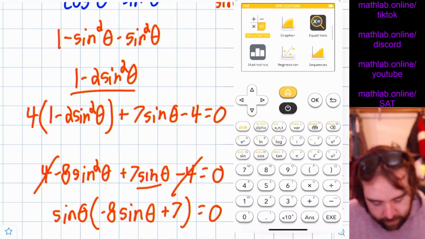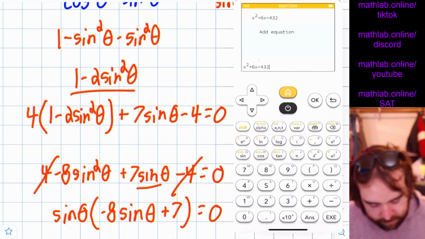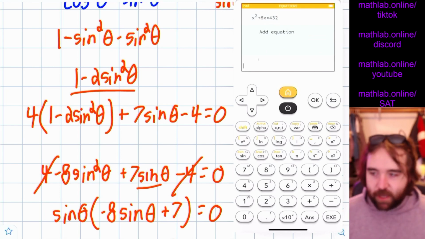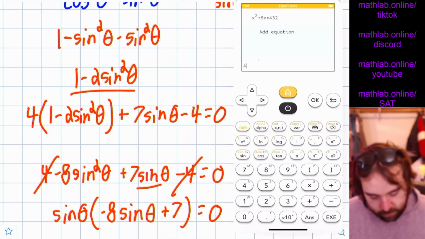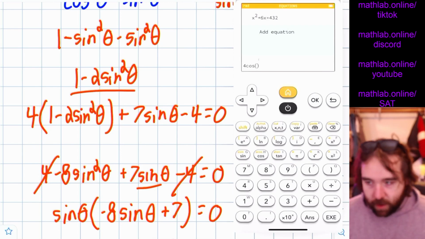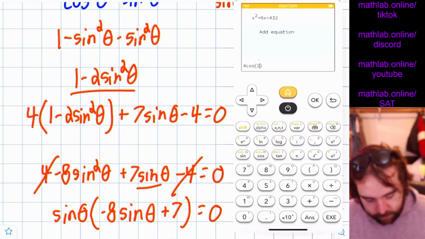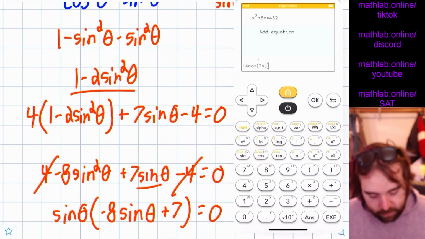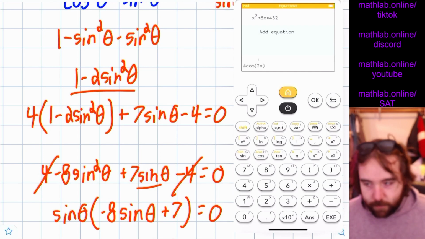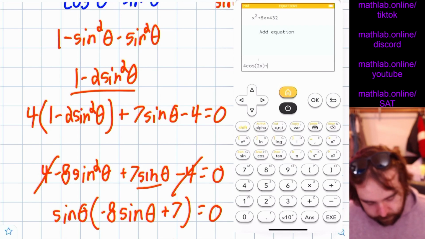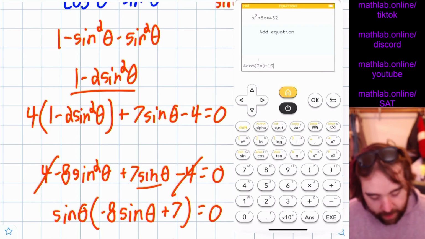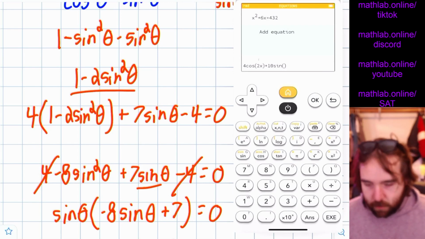But what's weird, to me at least, and this just speaks to the whole education system, and I want to check the answer too, is that if we have to bust out the calculator to solve this anyway, why not just type the entire equation into the calculator? It won't be able to solve it perfectly for us right away, but it'll even ask us where we want to look for answers.